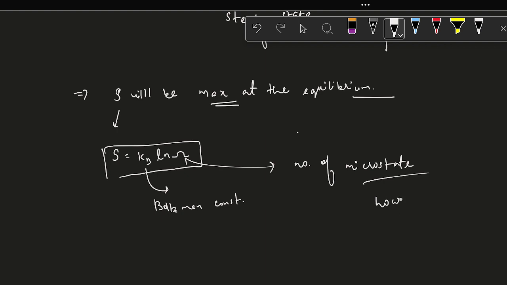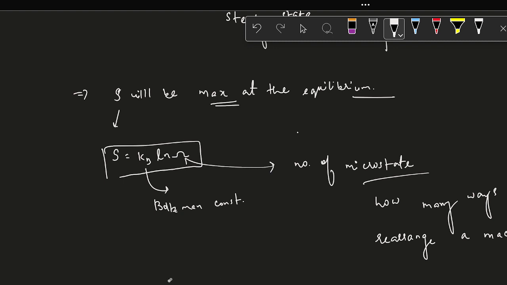That tells us the number of microstates possible for the system. So how many ways are there to rearrange a macrostate microscopically.